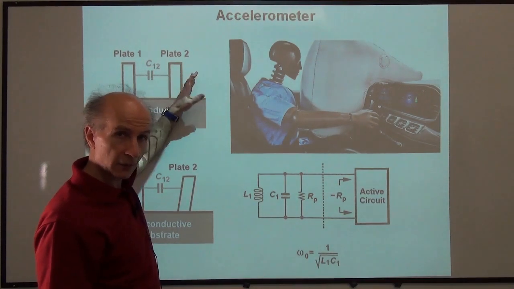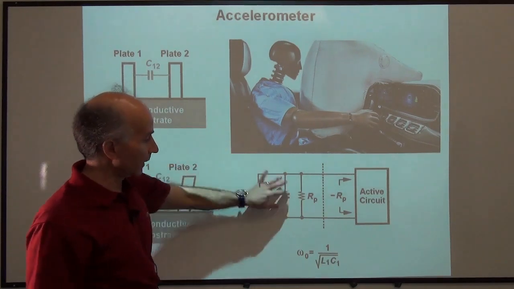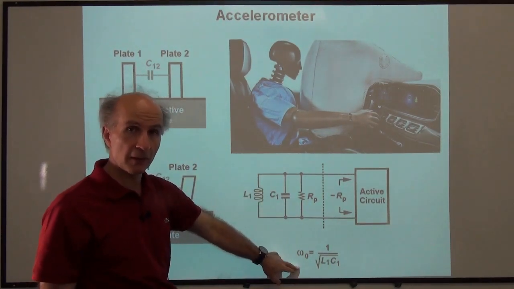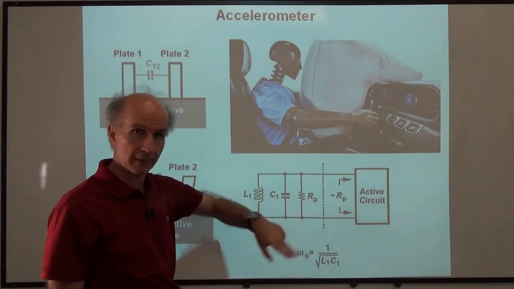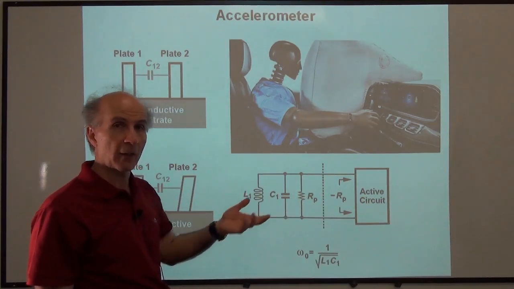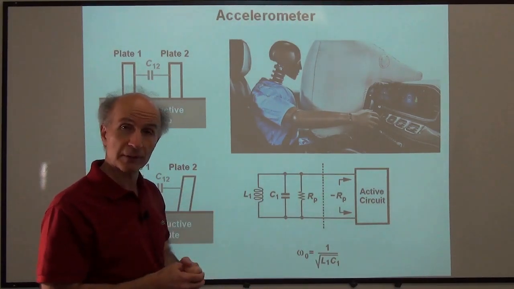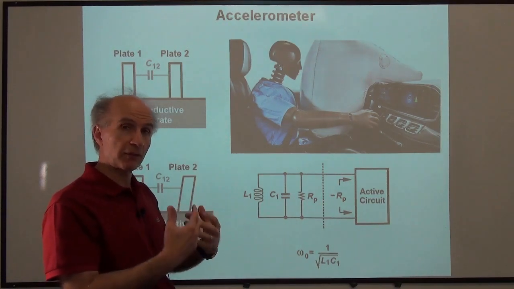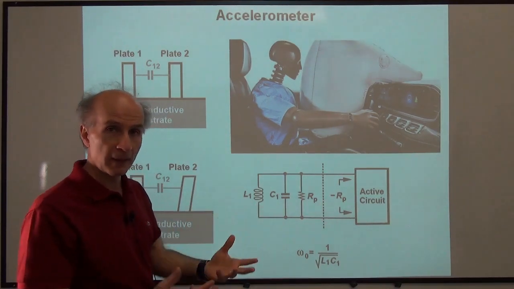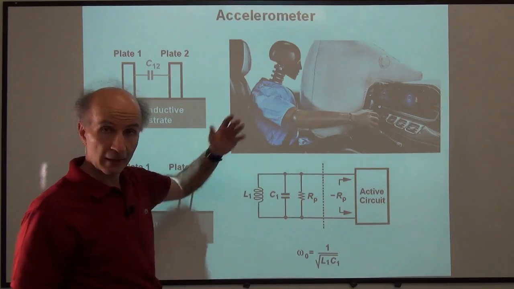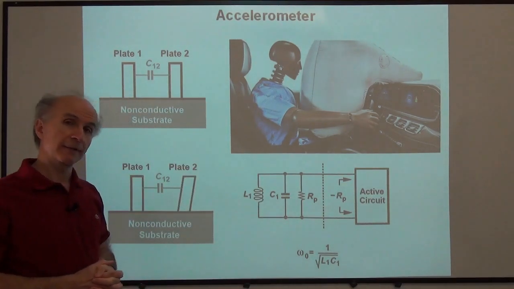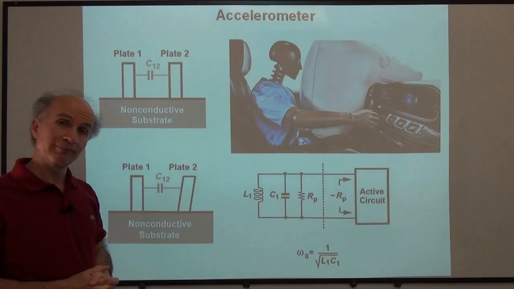So when we accelerate, the capacitance changes. When the capacitance changes, the frequency of oscillation of this oscillator changes. And once that frequency changes, we can measure it. So if you measure the change in frequency of this oscillator, that is proportional to the acceleration that the car has. Isn't that beautiful?